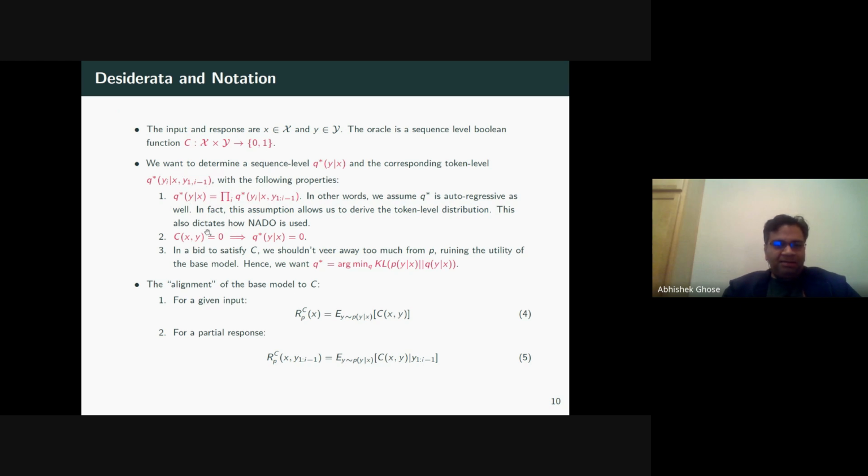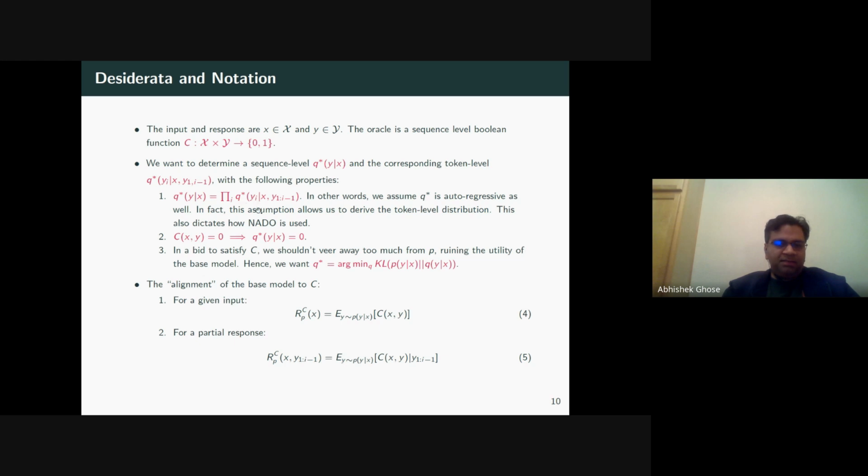So NADO makes these assumptions. These are all very reasonable assumptions. They first say that the sequence level optimal distribution Q star y given x can be broken down into an autoregressive token level distribution. This is very similar to what we looked at a few slides back, when you write the base LM's probability as an autoregressive term.